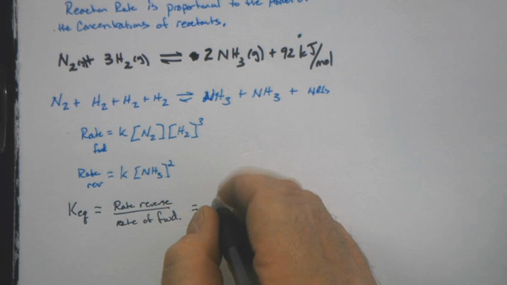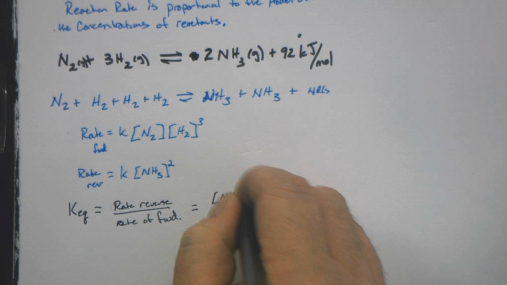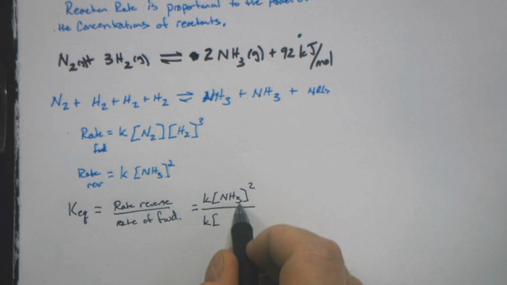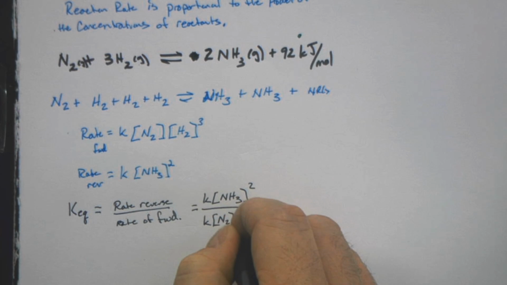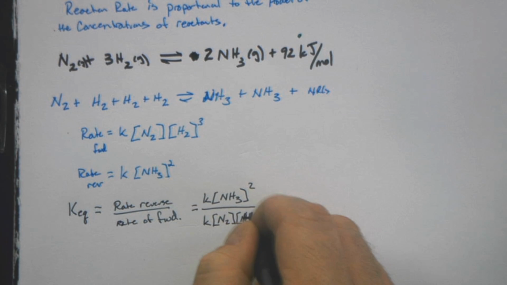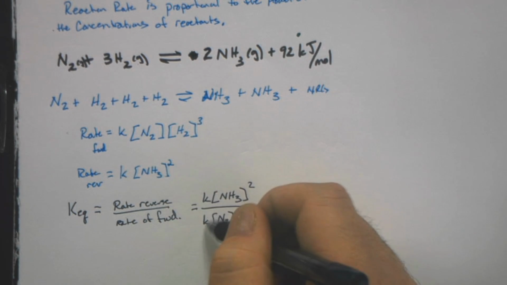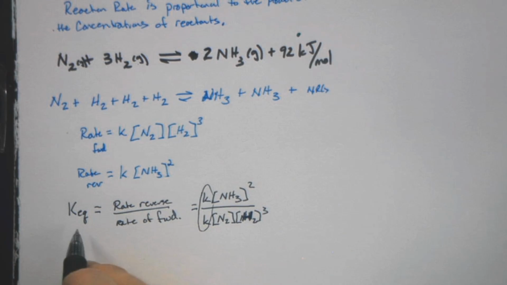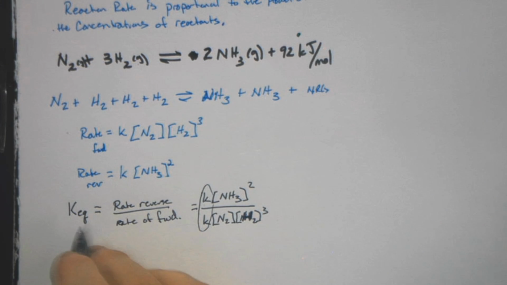The rate of our reverse is the NH3 squared, and the rate of the forward is this one up here, the N2 and then the H2 cubed. And these two constants, through the magic of math, get wrapped up into this value here. It doesn't really matter what these are, because they'll just become part of this constant mathematically.